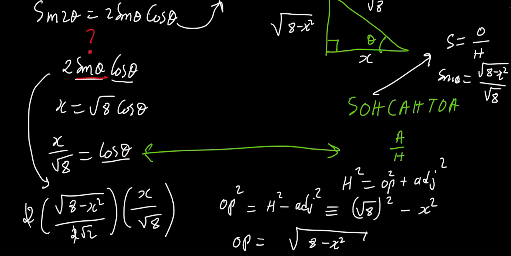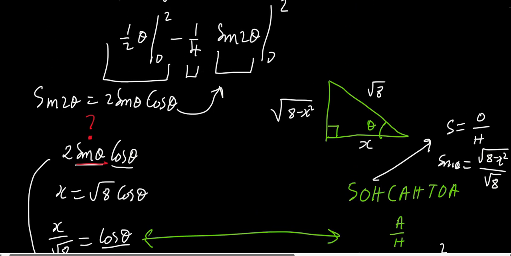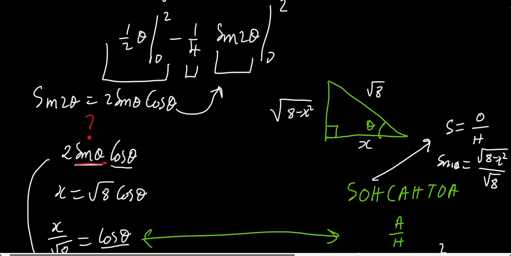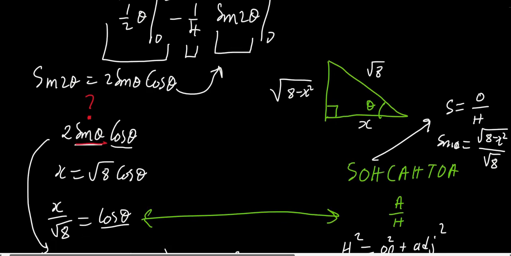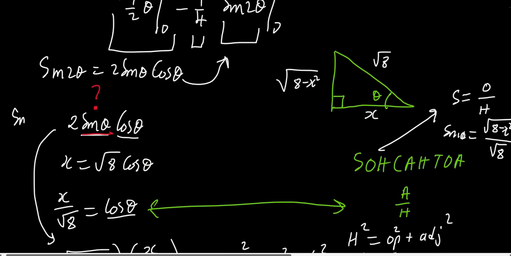So everything is beginning to make some sense, right? We are at a point of simplifying our sine 2 theta. So this was sine 2 theta.